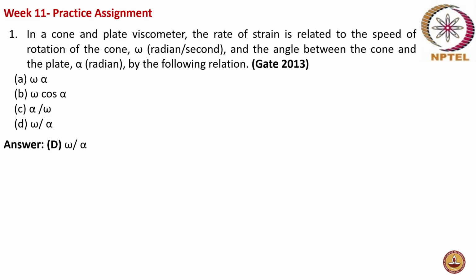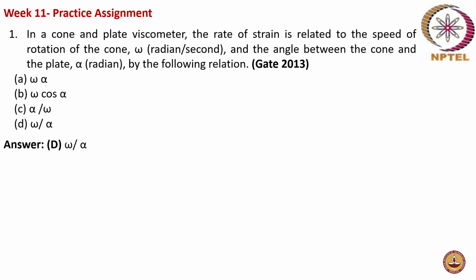From the given two parameters, the unit of speed of rotation of the cone omega is radian per second and the angle is radian. So radian per second by radian. Radian gets cancelled, so it is 1 by second, that is second inverse. So you can straight away arrive at this relation, which is omega by alpha is equal to the rate of strain.